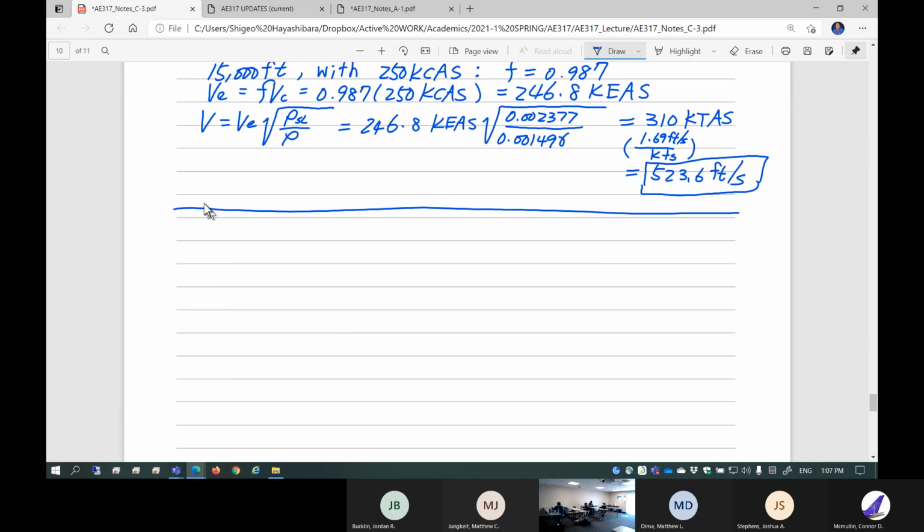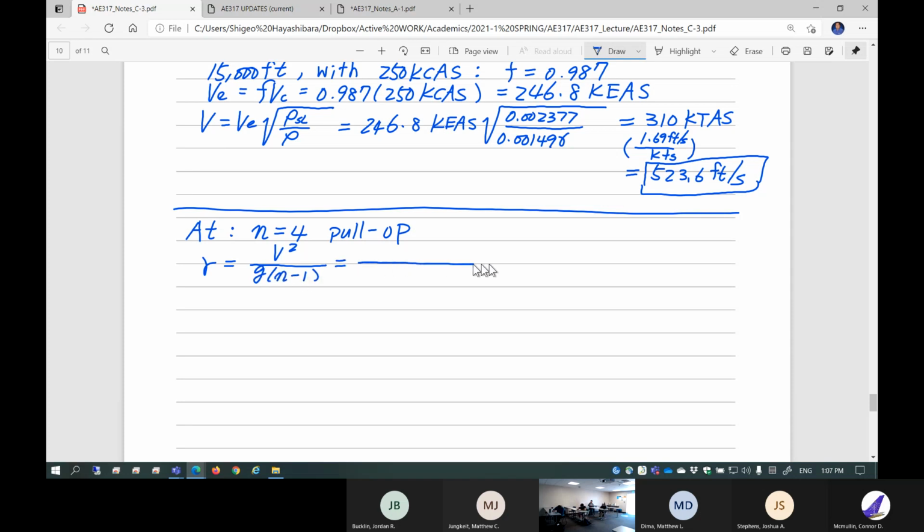Let's find out. At n equal to 4 pull-up, you're going to create a MATLAB code to do computation for that. That's a good idea. So this is a 4G pull-up, okay? And then you have a radius, which is V squared over g times n minus 1.